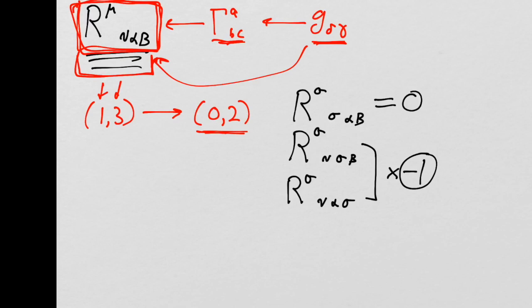So ultimately, there's really only one contraction. And all of that can be traced to the fact that R_{μναβ} is antisymmetric in the first two indices and antisymmetric in the last two indices. So we can write it as equal to its antisymmetric part.